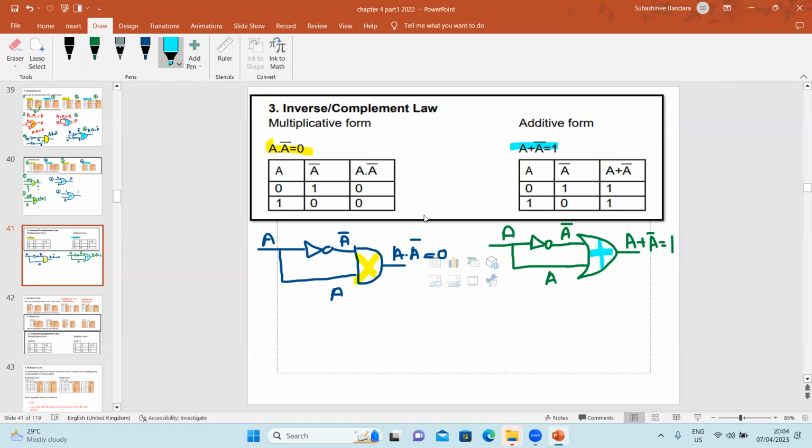Okay, additive form, and this is multiplicative form. Quickly draw the diagram also, and the truth table, logical expression. We call this one the inverse law, or another name, complement law. Complement means the opposite one is there. That's why. Okay, copy down this.